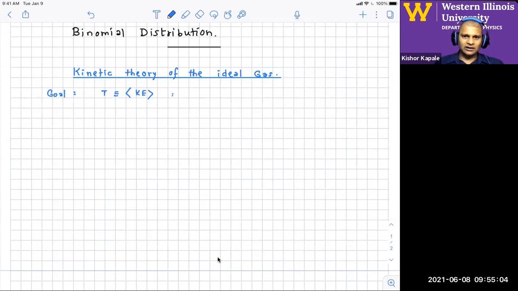So we take a gas of particles, of course, and each particle has a velocity denoted by a small letter v with a bar on top. And v, of course, is going to be a function of time.